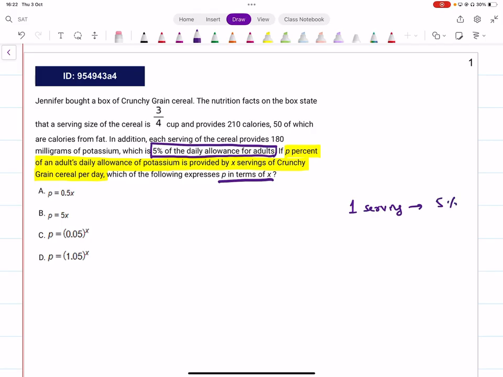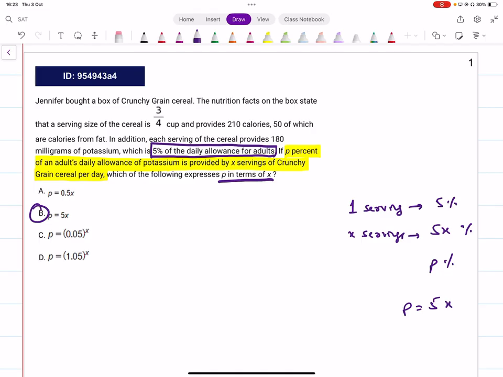What about X servings? What would that be? 5x percent, right? It says P percent. So if we compare it with P percent, what's the value of P? P is 5x. That should be B.